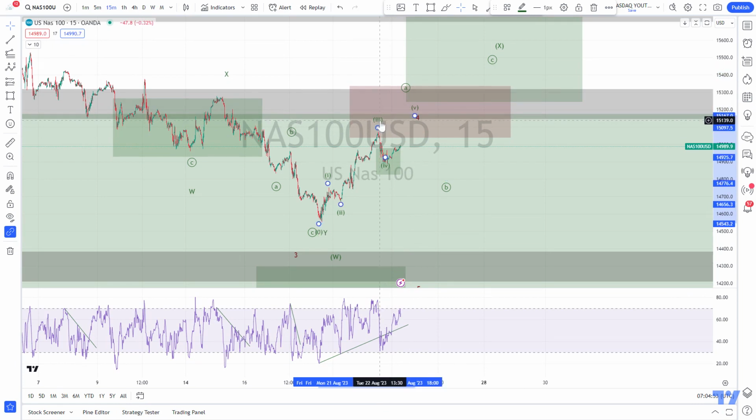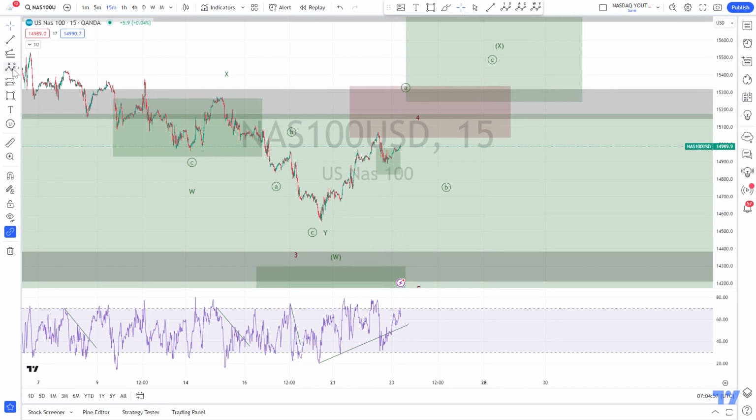So I would do it like this. Actually, I think this is a better structure.